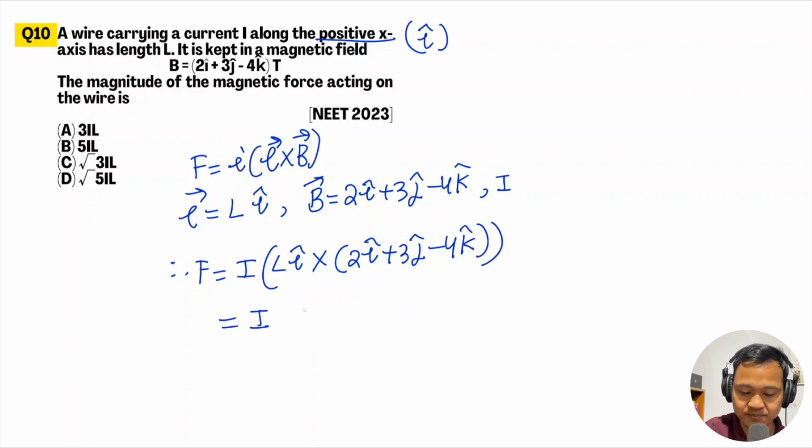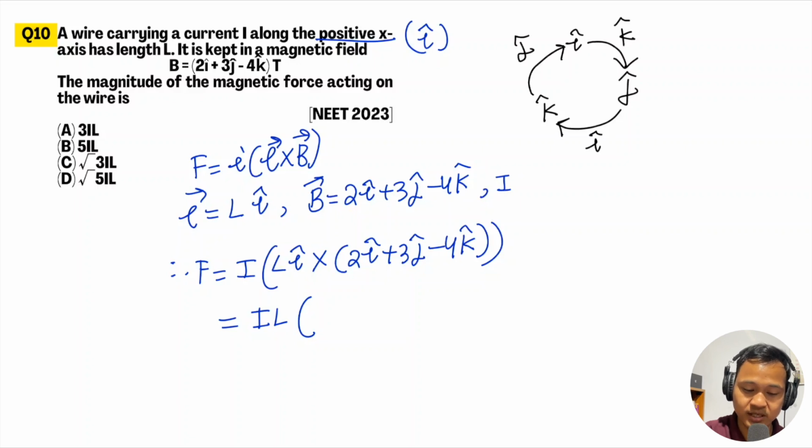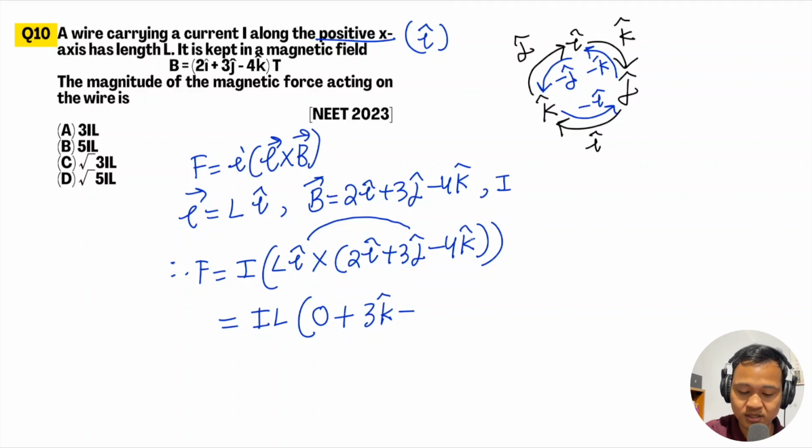Cross product: I cross J is plus K, J cross K is plus I, K cross I is plus J, I cross K is minus J, K cross J is minus I, J cross I is minus K. I cross I is 0, J cross J is 0, K cross K is 0. So the first part is 0, plus I cross J is plus K, so 3K, and I cross K is minus J, so minus 4J.